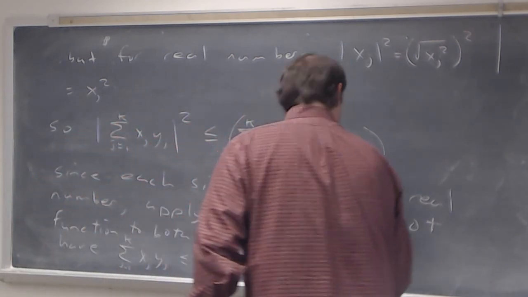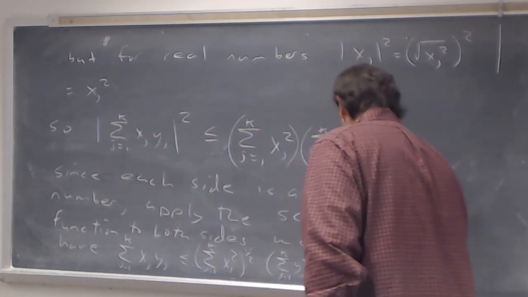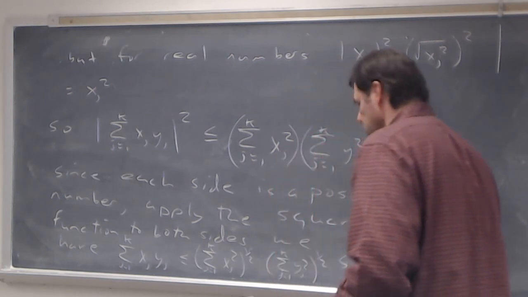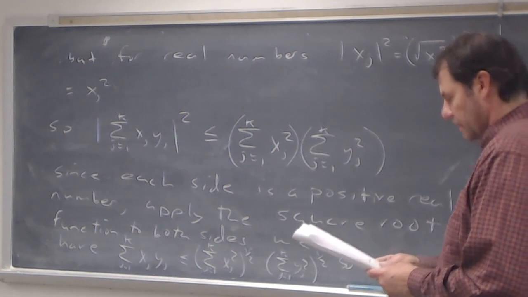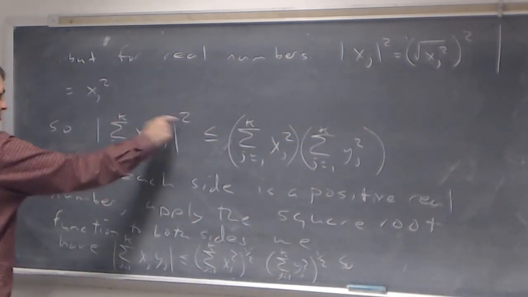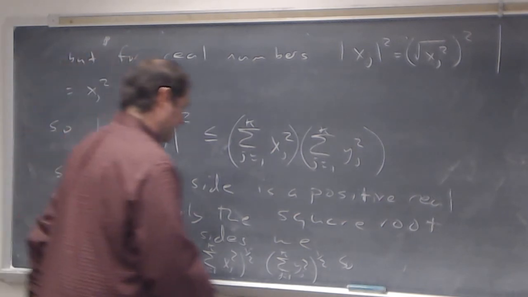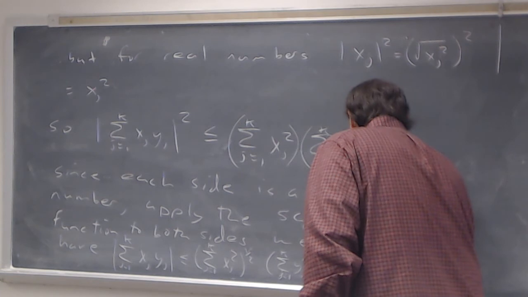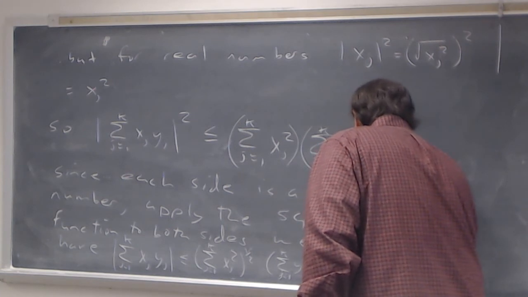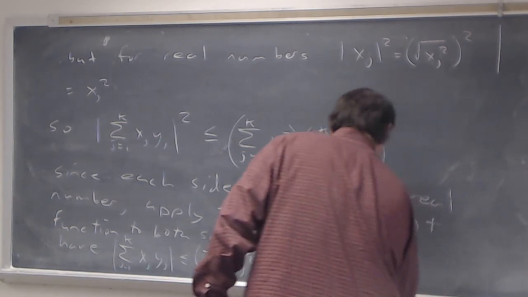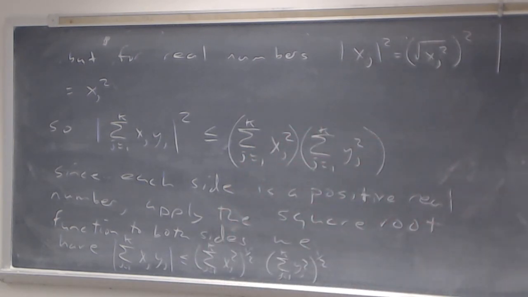And so the other side is nothing more than, here I forgot the absolute values. So the square root and the square cancel, we still have absolute values. So this is the inner product between x and y, inside absolute values, and it gives us the conclusion we want.